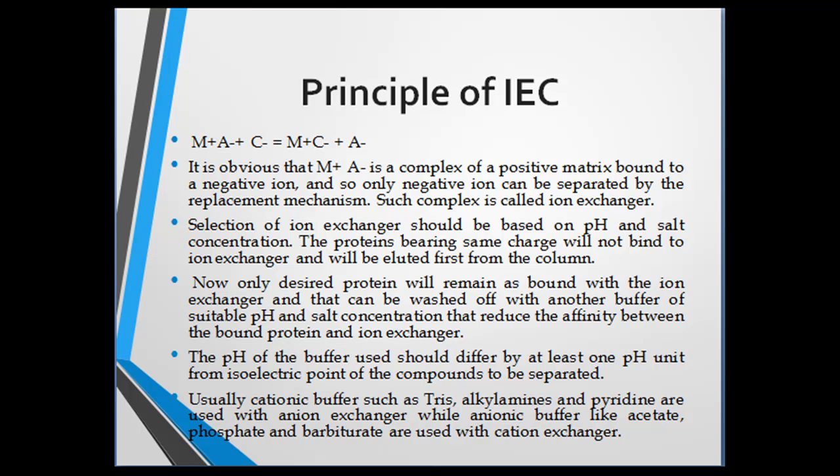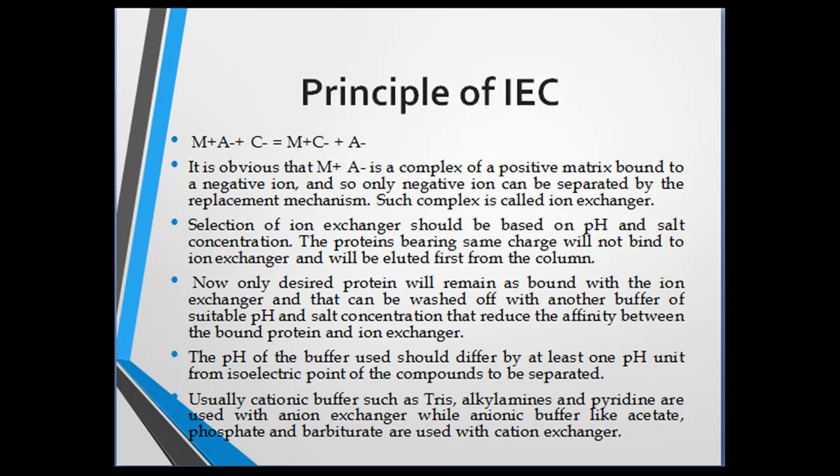Practically, ion exchangers are packed in columns for purification of a given polyelectrolyte or protein. Protein is immobilized on an ion exchanger. Selection of the ion exchanger should be principally based on pH and salt concentration.